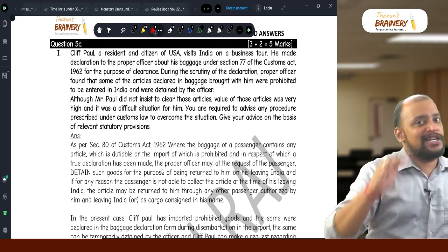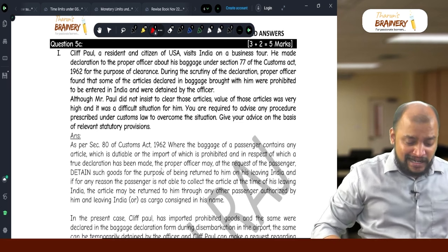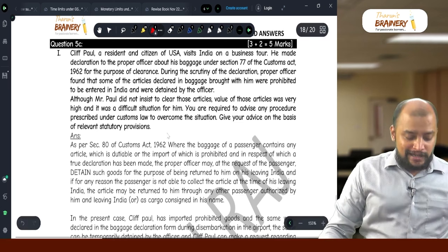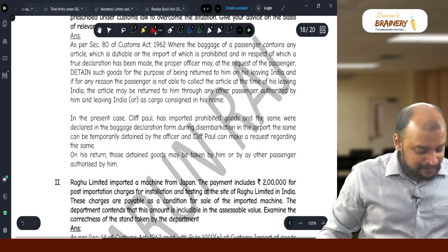Okay, so that provision is there, but the condition is that it should be declared. Check whether it is declared. Yes, it is declared. So due to that reason we need to write about this temporary detention of baggage, section 80.